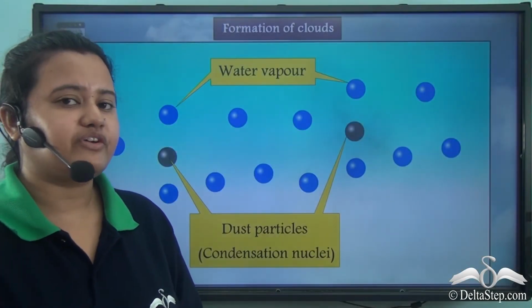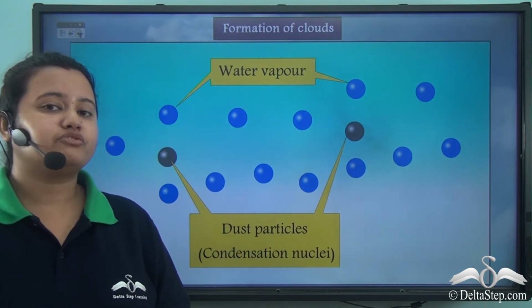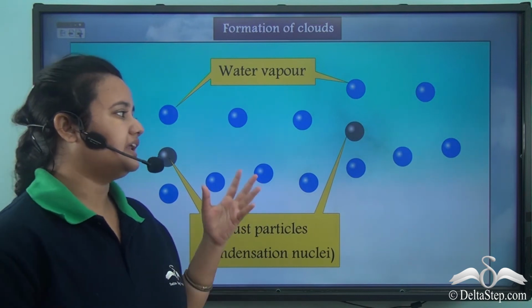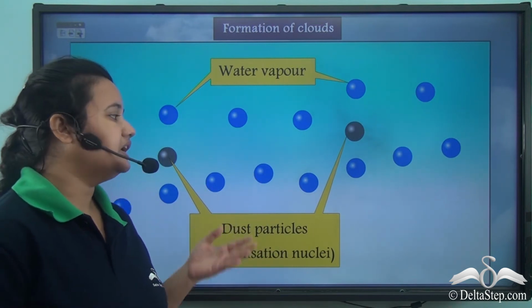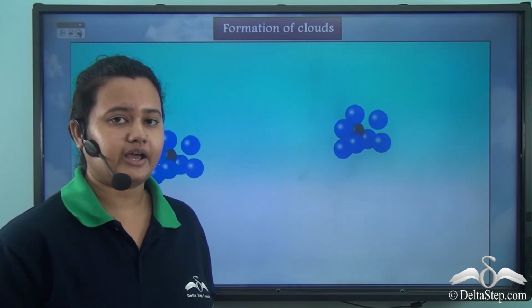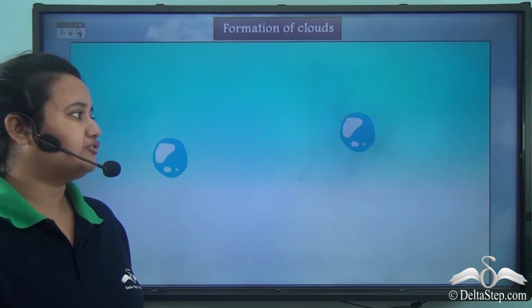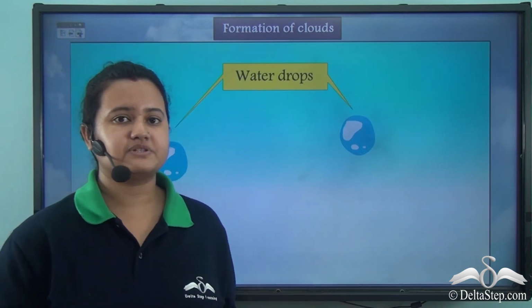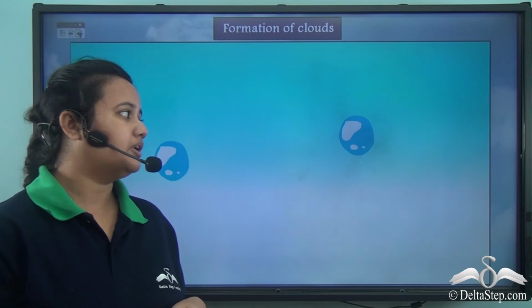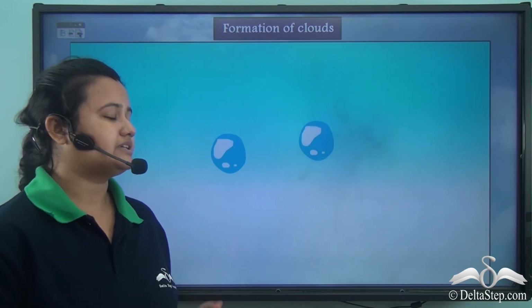In the atmosphere, when air becomes fully saturated, the water vapor present in air condenses around the dust particles, which are also known as condensation nuclei. Now initially they form tiny water drops. These water drops join or combine to form a cloud droplet.